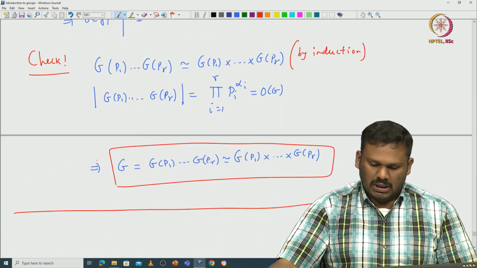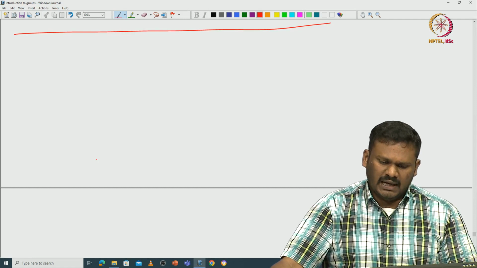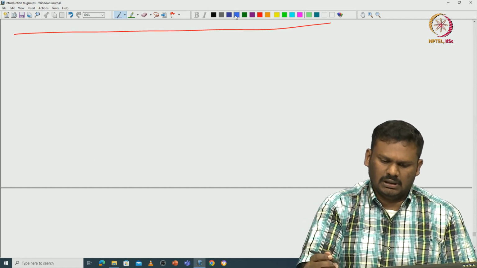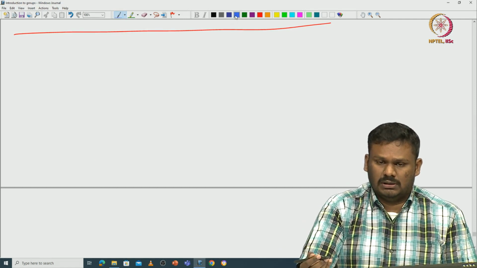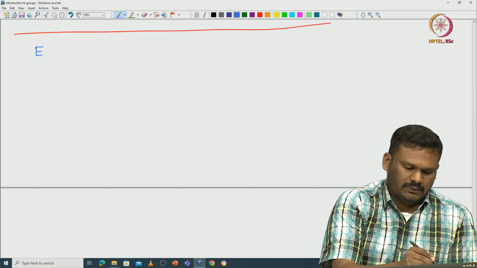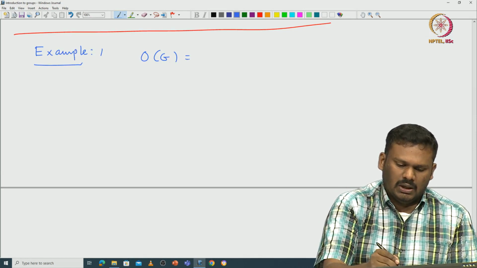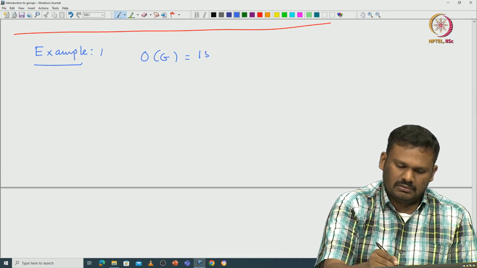So, now let us move on and try to understand other groups of small orders. As an example, let us start with one particular example. Let us say the group has order 15.